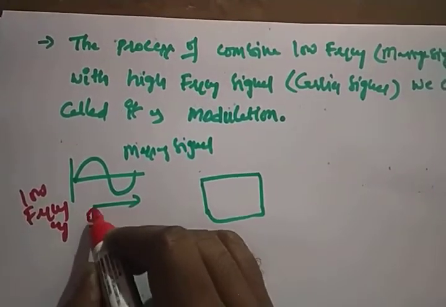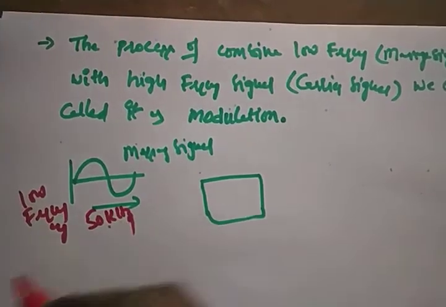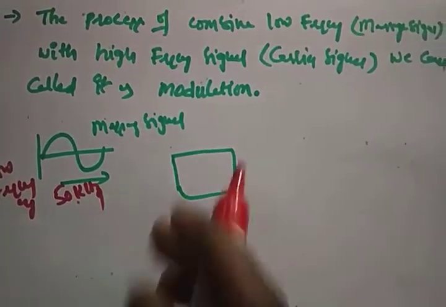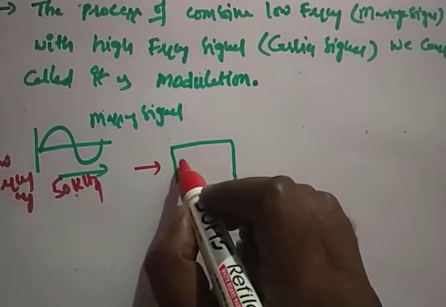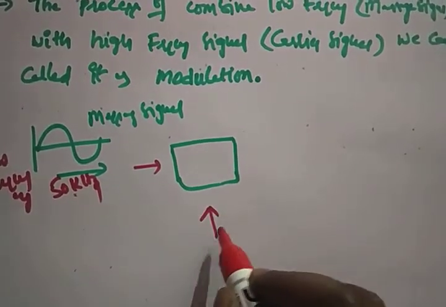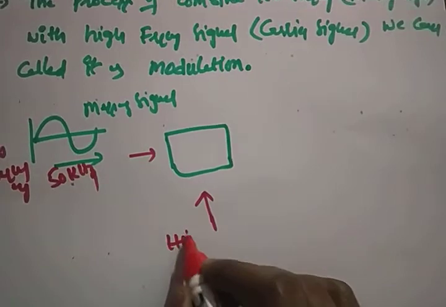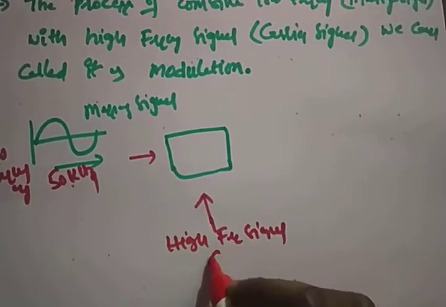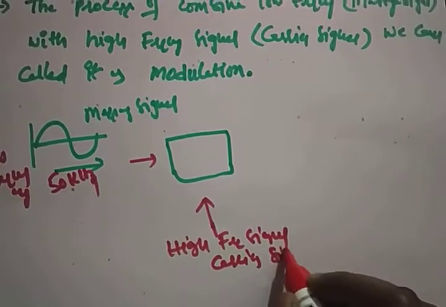Suppose I've got 50 kilohertz. This is very low, so we can't transfer for large distances. That means you have to combine a high frequency signal, so that we can call it a carrier signal.